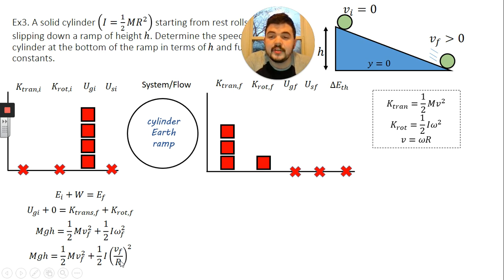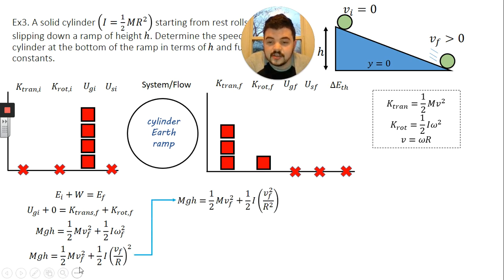We're making this choice because we eventually want to solve for the speed of the cylinder. That's our end goal. Moving on, distribute that square inside of those parentheses. Each term in here becomes squared. Next step, the rotational inertia given for this solid cylinder is 1/2 mass times radius squared. So we replace I with that formula.